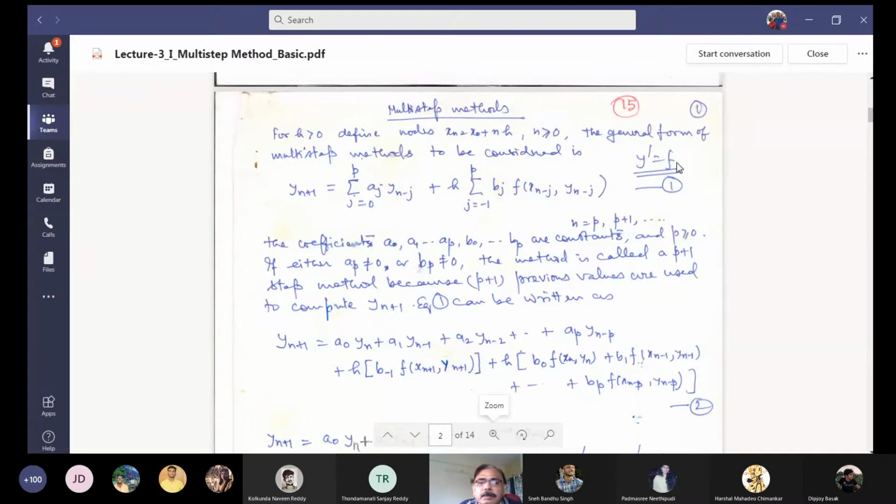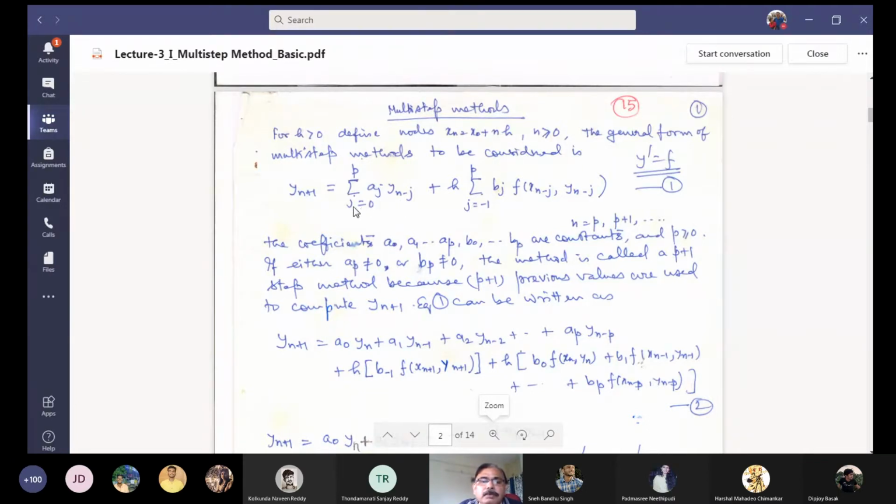Obviously, as long as we are doing these initial value problems, we take y prime equal to f with the initial value given, and the method is y n plus 1 equal to, written in summation form, otherwise it will take quite long. I have written in the middle the expanded form also, whenever it is required.